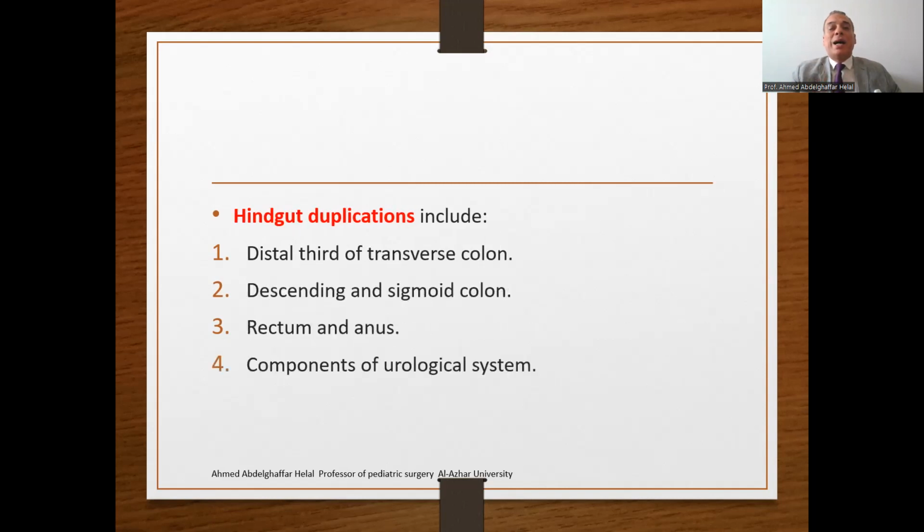Finally, hindgut duplication includes the distal third of the transverse colon, the descending and sigmoid colon, the rectum and the anus, and some components of the urological system. This classification is important for the diagnosis of the affected part and is also related to the presentation and to the treatment.